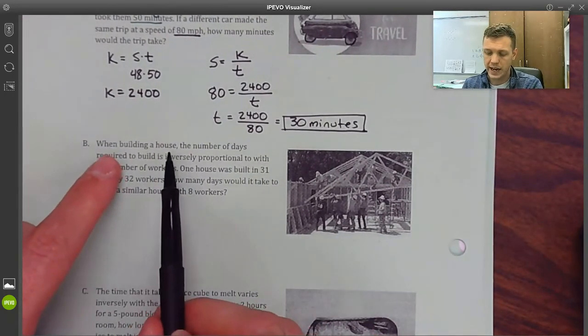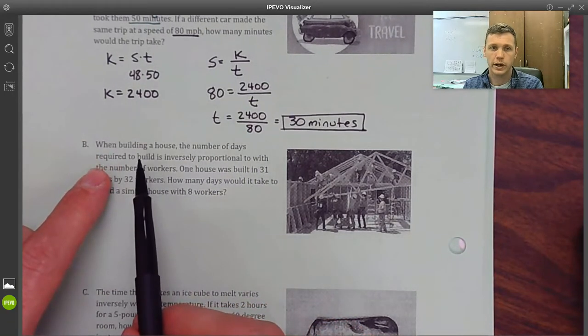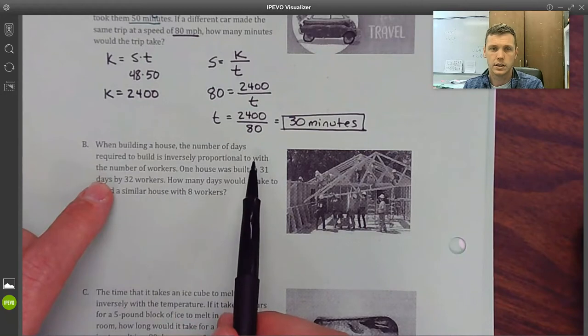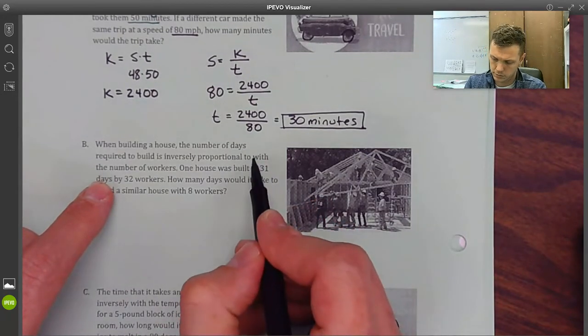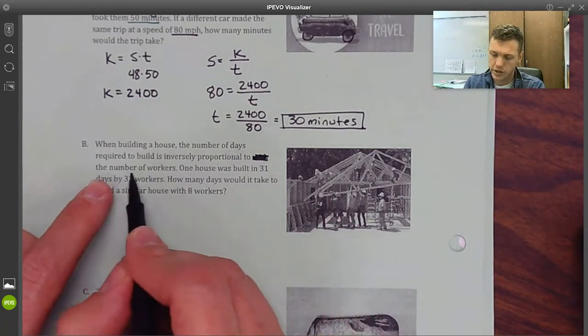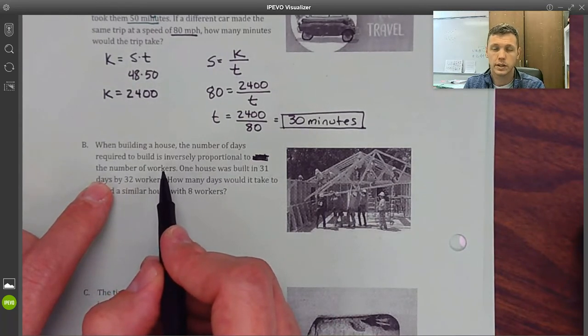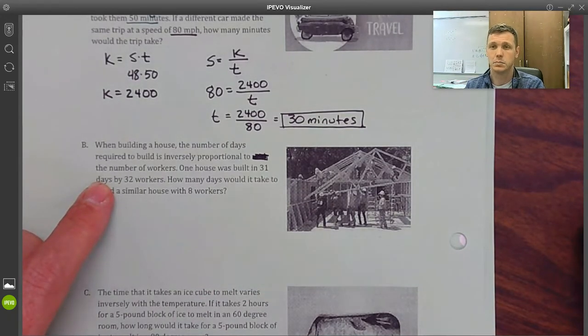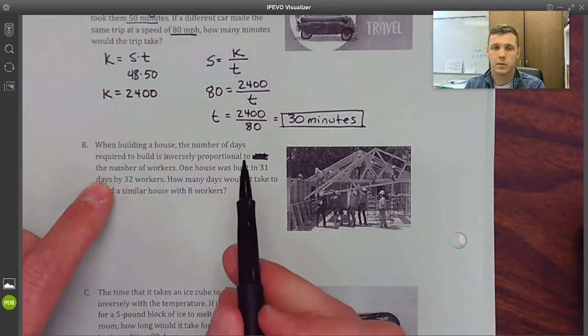So it says, when building a house, the number of days required to build is inversely proportional to the number of workers. So what that means is the more workers you have, the less time it takes to build the house.